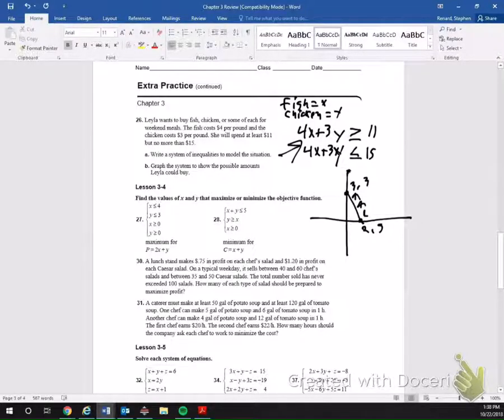The maximum I'm going to spend is 15, which puts my y-intercept up at 5, 0, and my x-intercept at 15 divided by 4, or 3.5. And that's the most. So that purple area, again, that's where I can spend. Now notice here, both of those lines have the same slope, so they are parallel. So don't get confused by that.